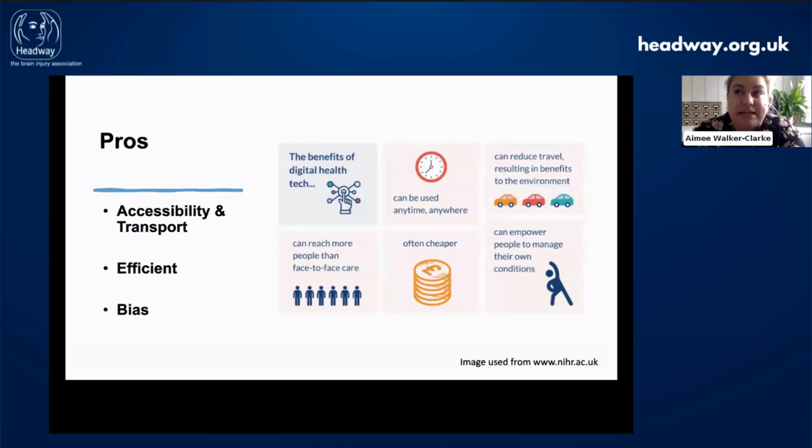So it's really good where budgets are being really tightened, and it has the potential to be able to reach more people than one-on-one face-to-face care, which obviously makes it more efficient and ties into the whole budgeting needs.